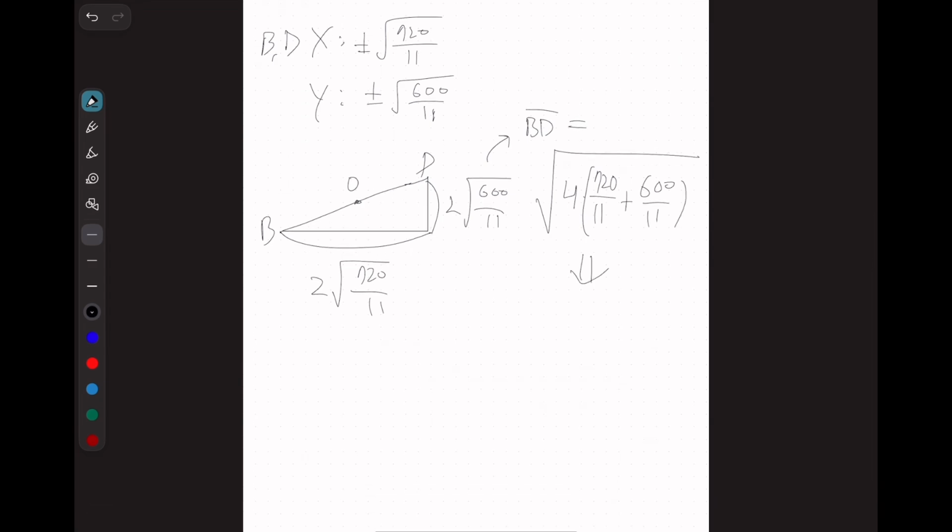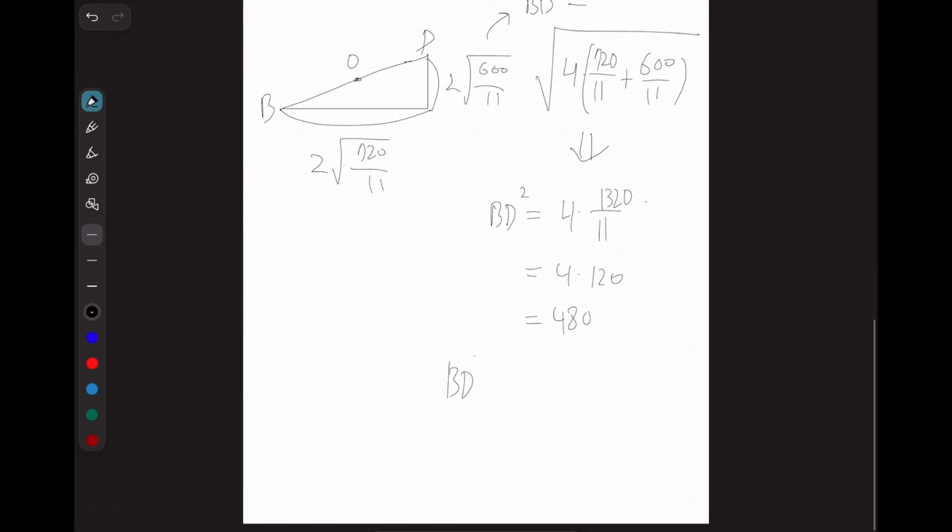Now, we have to find BD squared, so BD squared is equal to 4 times 1320 over 11. This is equal to 4 times 120, which is equal to 480.